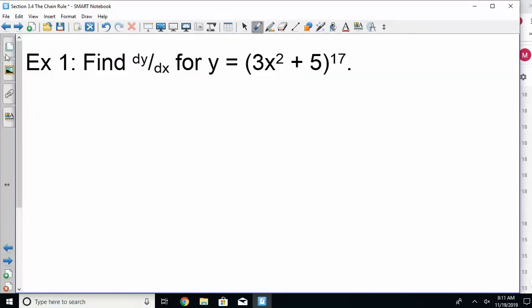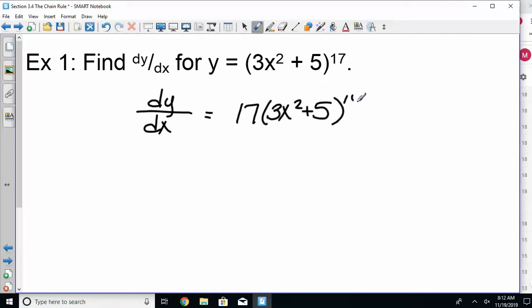Let's look at another one. The key to being able to use the chain rule is understanding the difference between the outside function and the inside function. What's the outside right here? The 17th power. So when I do this derivative of the outside, if you have something to the 17th, the 17 comes down, inside stays the same, subtract 1 from the power, times derivative of the inside.